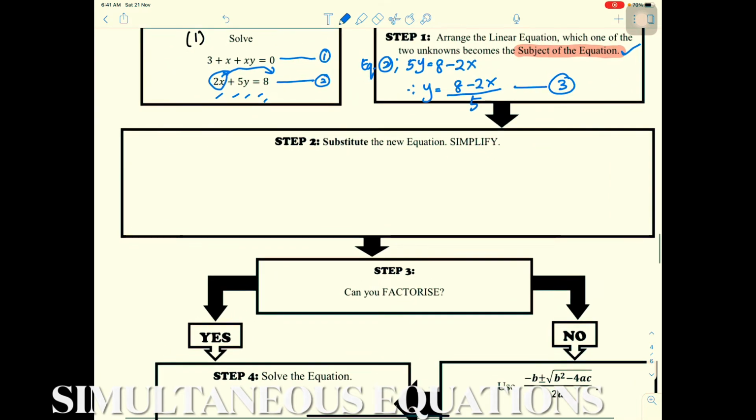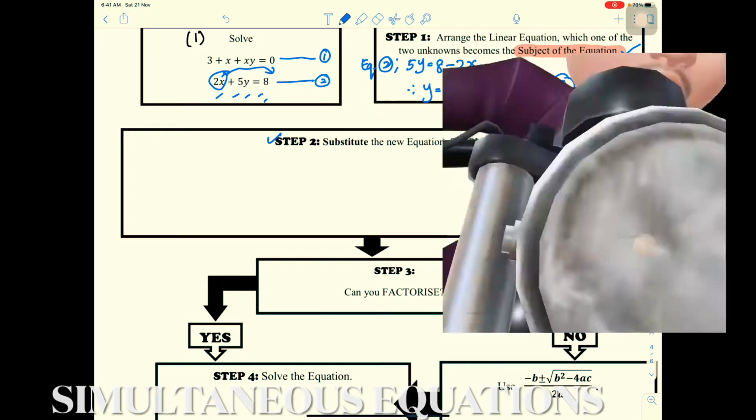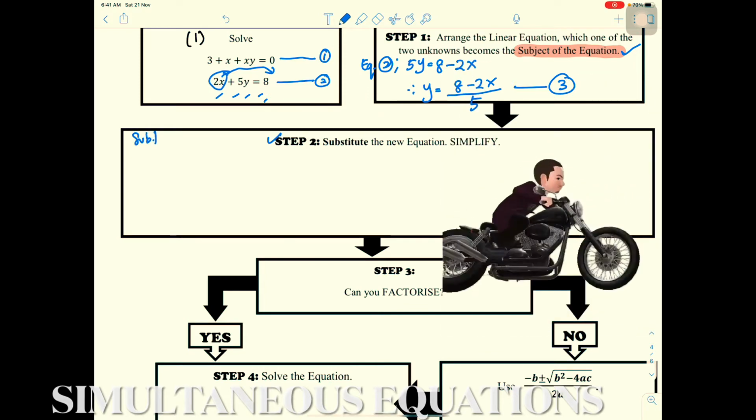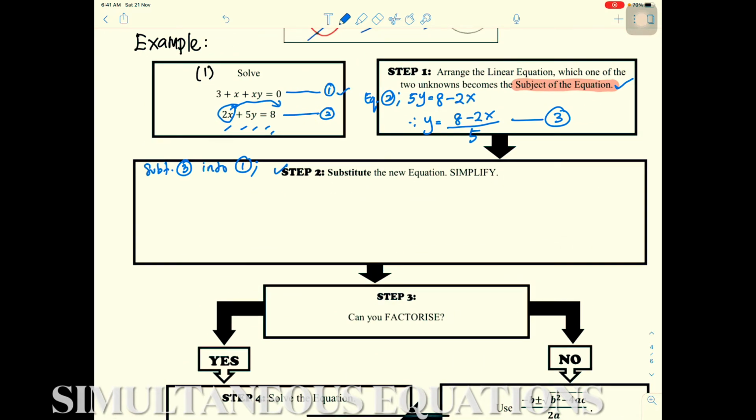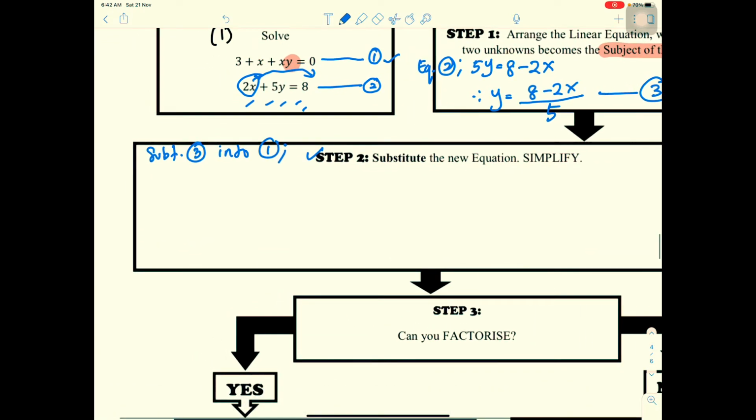Then step 2: substitute the new equation and simplify. That means we substitute equation 3 into equation 1, because equation 1 is the one we have not used yet.